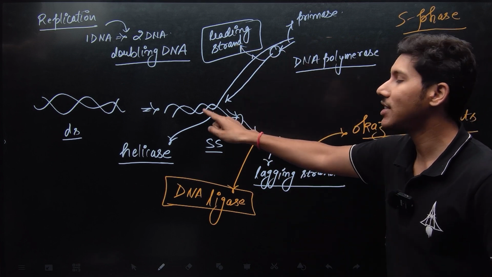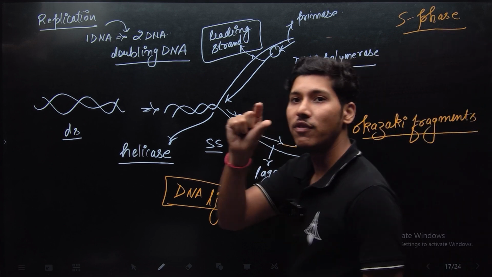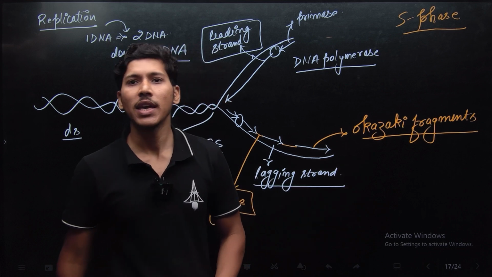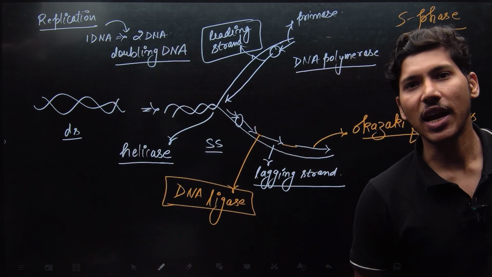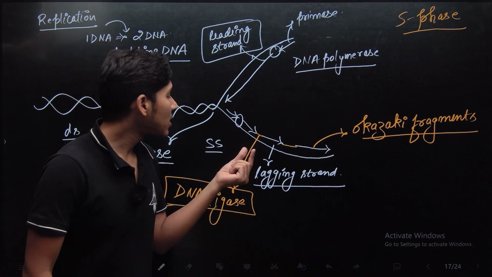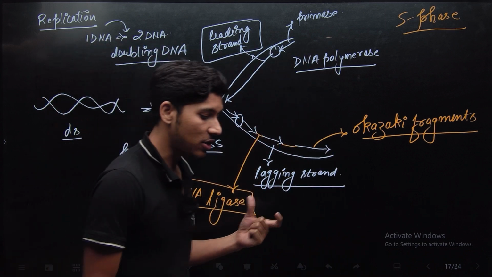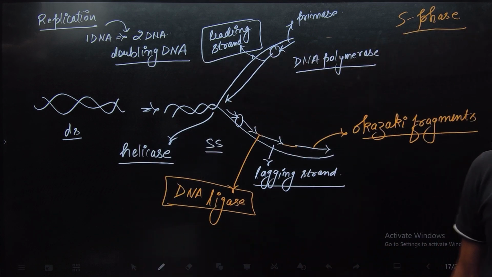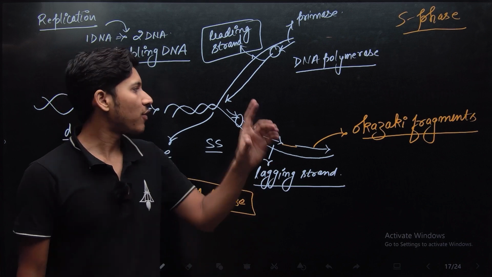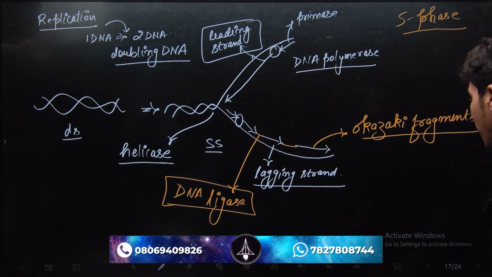Because here the DNA is synthesized continuously and here the DNA is synthesized discontinuously in the form of fragments. These fragments are known as Okazaki fragments. They are produced in fragments, but they are joined with the help of an enzyme known as DNA ligase, and that's how the whole DNA gets replicated, from one DNA we get two DNA. So this is DNA replication.